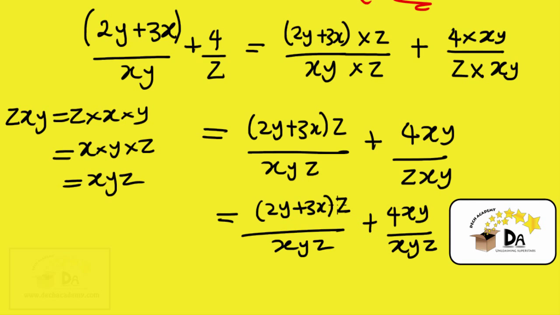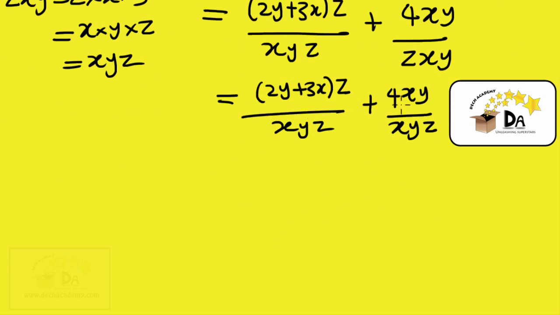Now we have two fractions, so let me highlight them. This is one fraction, this is another fraction, and they have the same denominator of xyz. So now we can easily solve this problem because the addition of these two fractions gives a fraction whose denominator is the same and whose numerator is given by this term plus that term.